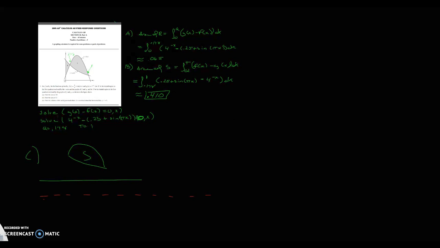What it's going to look like is a washer. So now you're going to do outer squared minus inner squared. Now you want to find the volume of this, and you would draw a bunch of these.